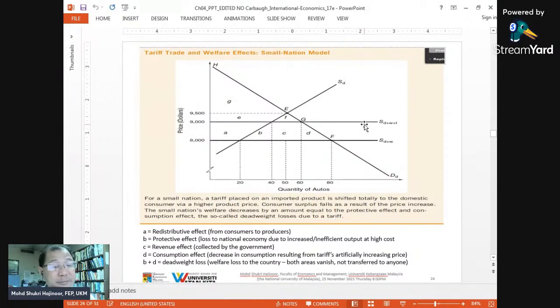Now, with tariff, what happens if this country imposes a fixed tariff of T? So the price goes up by T. So here the sign should be SDW, or you can say SD domestic of this country plus rest of the world, because you cannot count this country two times inside the world. D plus ROW, rest of the world. Here, I want to be more careful.